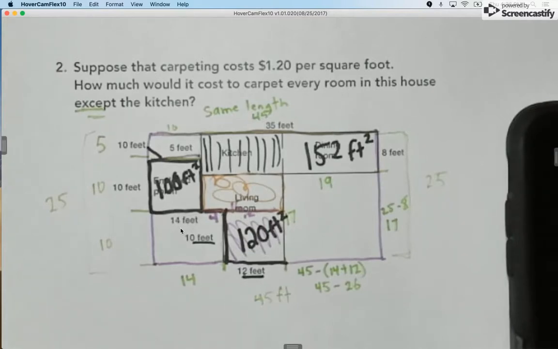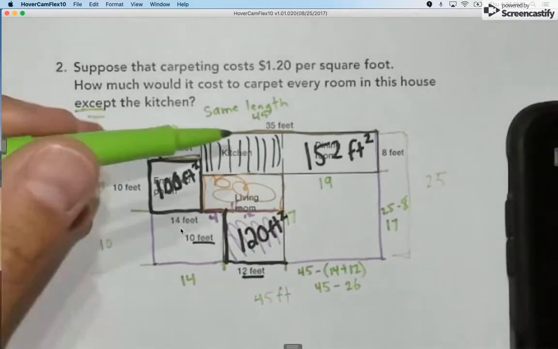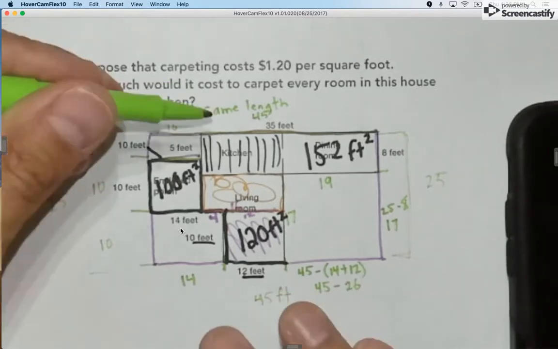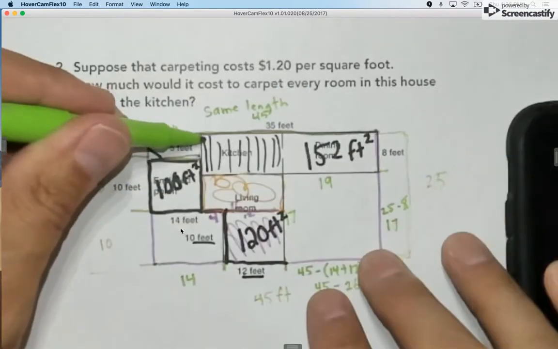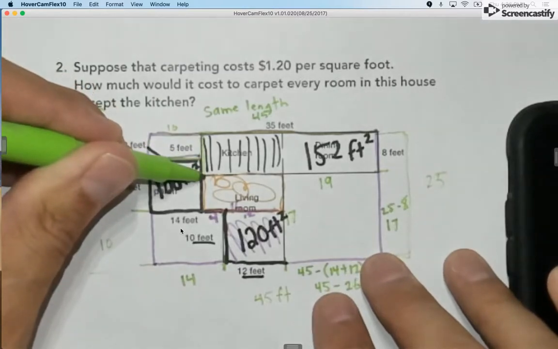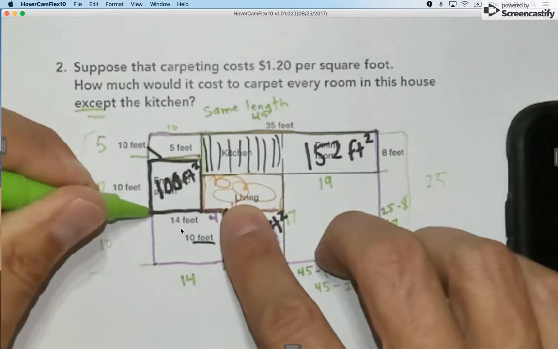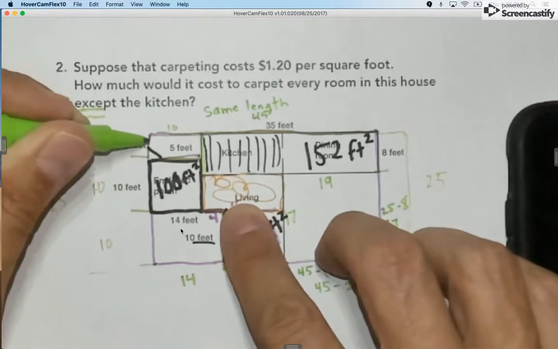Next. Oh, man. This from here to here is 8 feet. This from here to here is 5 plus 10 or 15 feet.